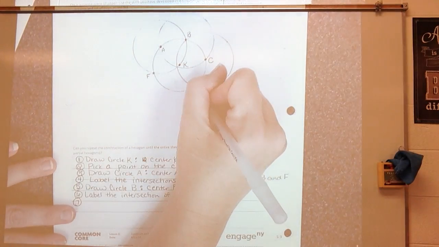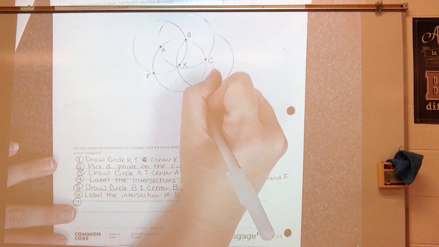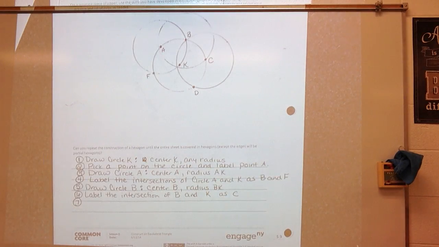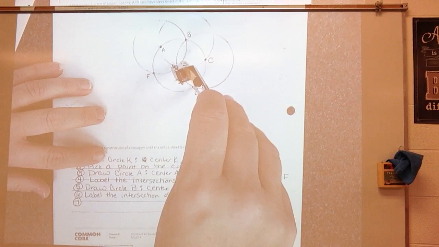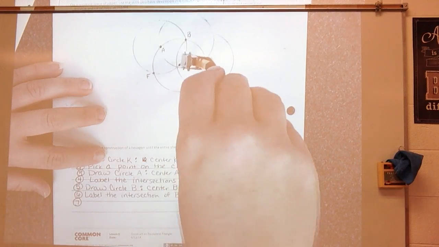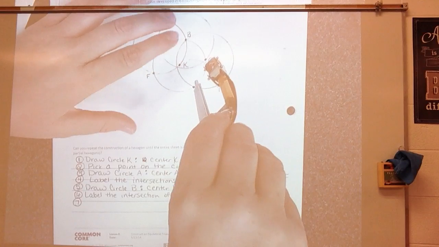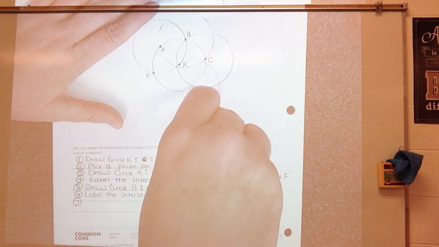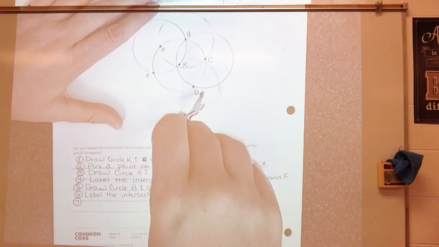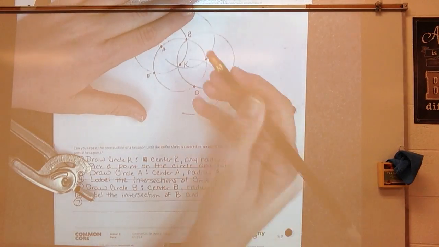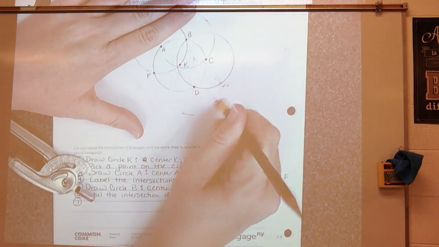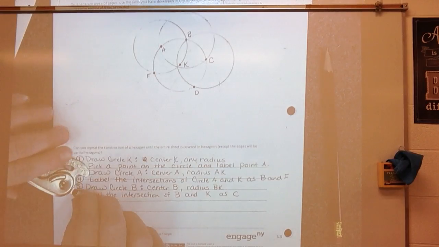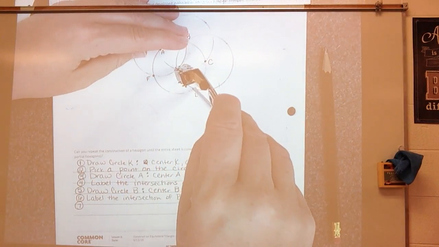Alright, and look at this. I now have a new intersection, and we're going to name that D. Alright, and I'm going to do circle D. Like I said, guys, it's a trial and error type thing.